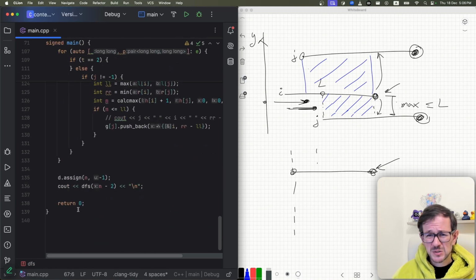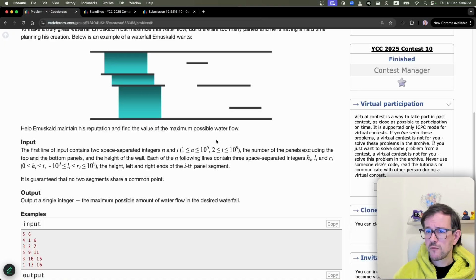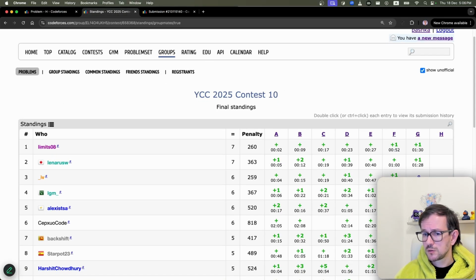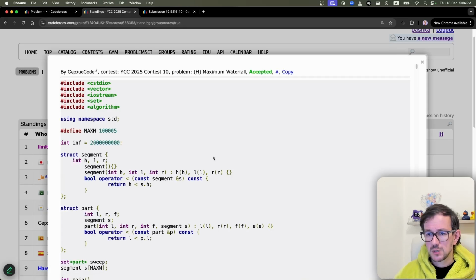Okay, not easy, because it's almost 140 lines of code. Maybe I overcomplicate things. Did anyone? Oh, yeah, you solved it. It's not your solution, you're not tricking me.